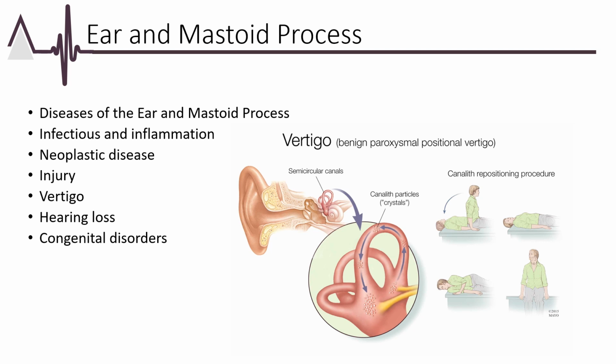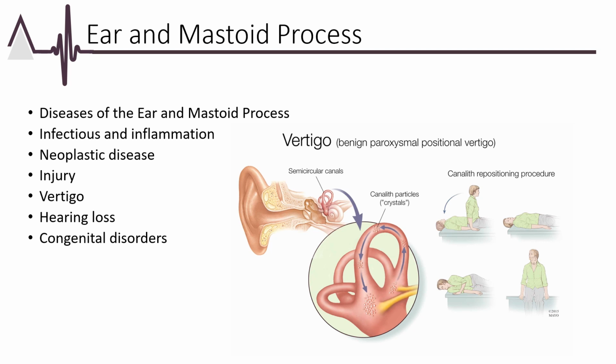Other common causes of vertigo include viral infections of the inner ear, Meniere's disease, which is a disorder of the inner ear that causes episodes of vertigo, hearing loss, and ringing in the ears, head injuries, certain medications, and neurologic disorders.